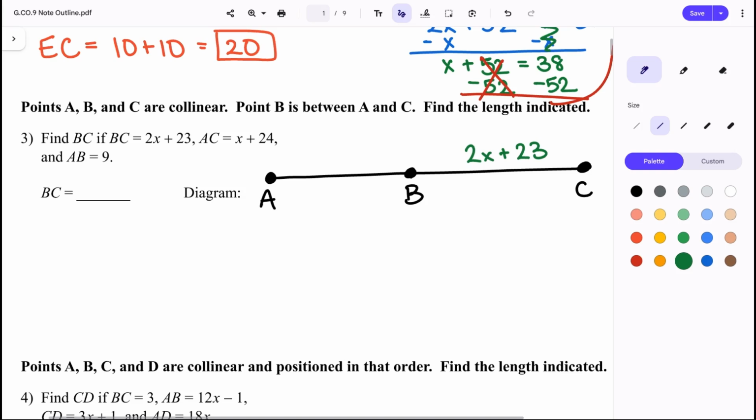So how I'm going to write that one is underneath the line here, I'm going to write x plus 24, and I'm going to draw little lines on either side that show that's going all the way from A to C, and I'm going to have that x plus 24 right there in the middle. And then they also say that AB, so this left-hand side, is 9. Questions on how we set that up like that?